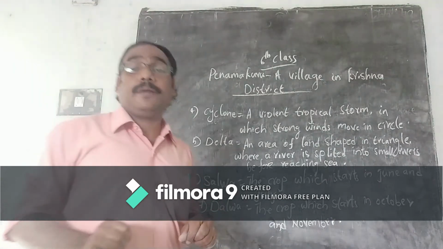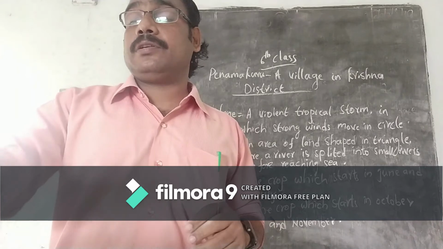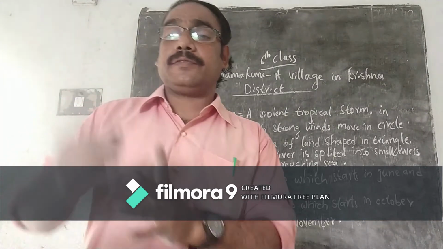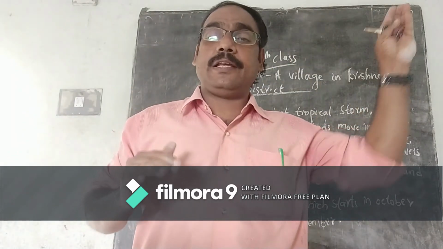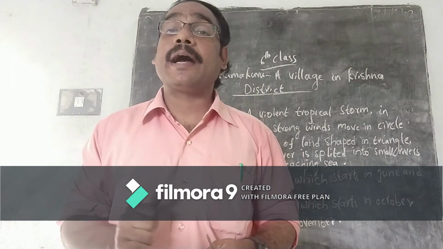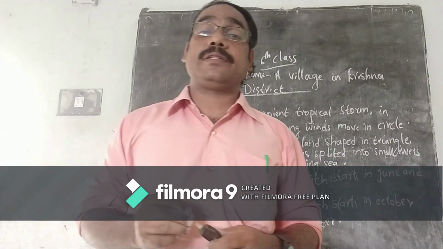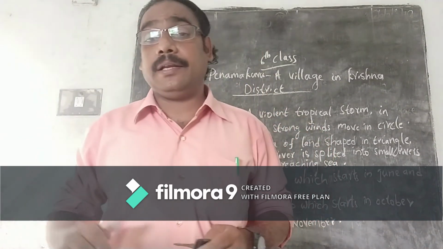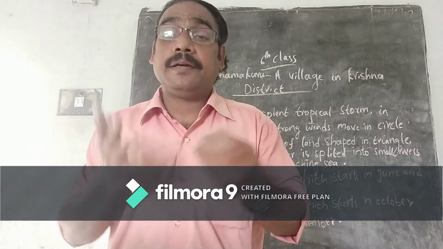Enough for today. So once again, today we learned about what kind of changes had occurred in Panamakuru, what the situation was previously, and what changes happened recently. The people were mainly depending on paddy, but nowadays they have changed to sugarcane.